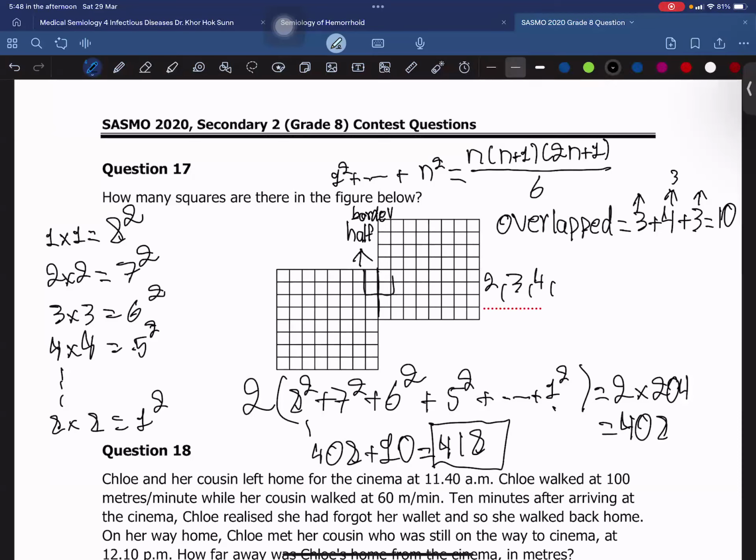We can only do like this, make it in half, because if we count it like this picture, we cannot do it because we already counted in 7 square. So if we count it, it's going to be the same. So we're going to get the incorrect answer. So we just do like this, and like this. So we have 3. This is the 2. This is the 4.